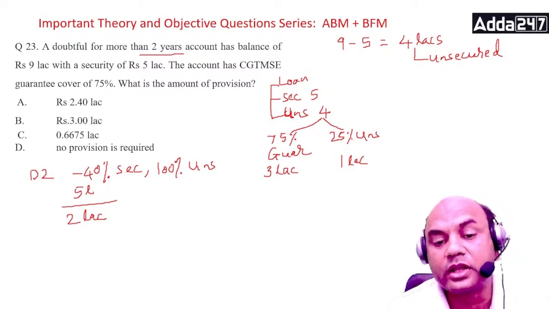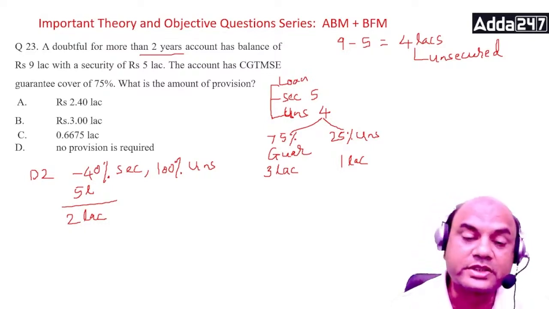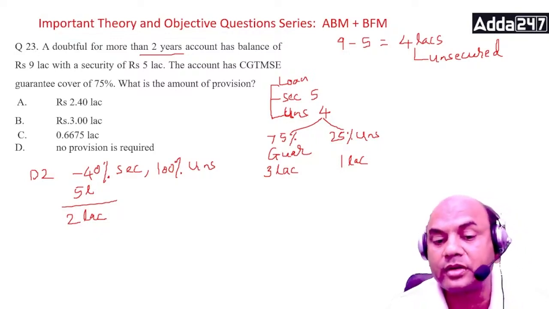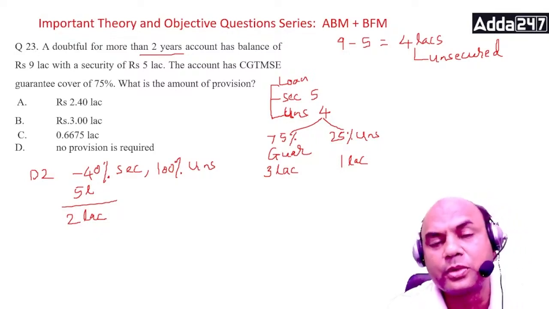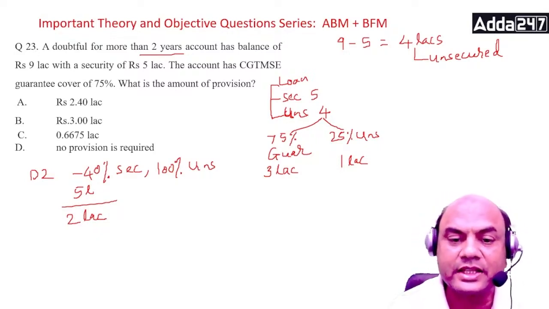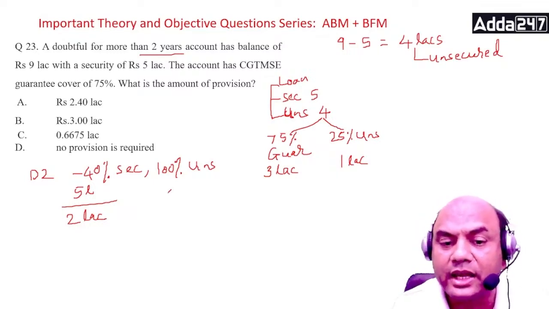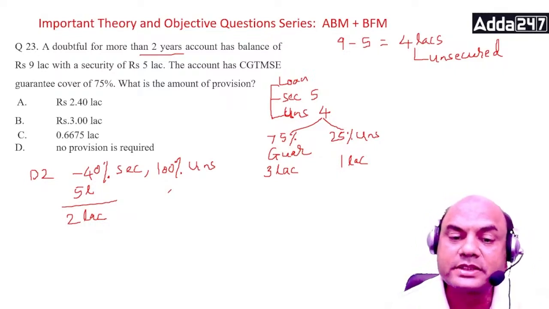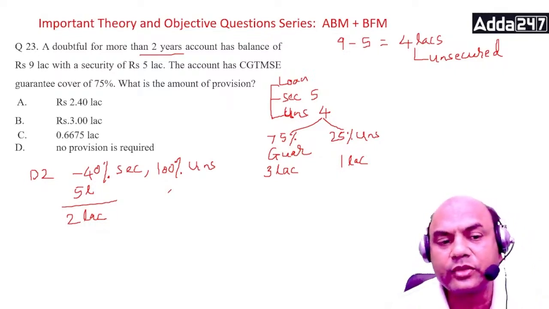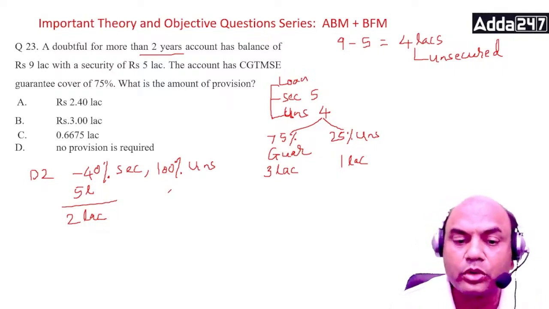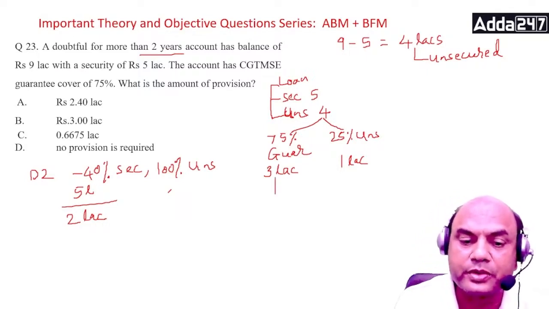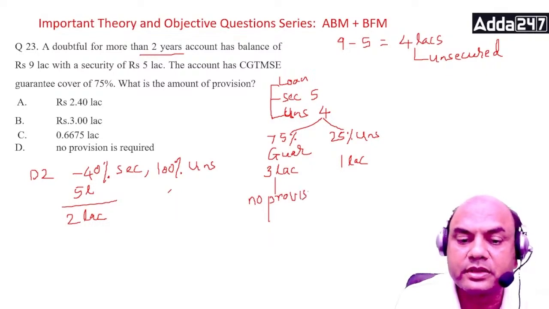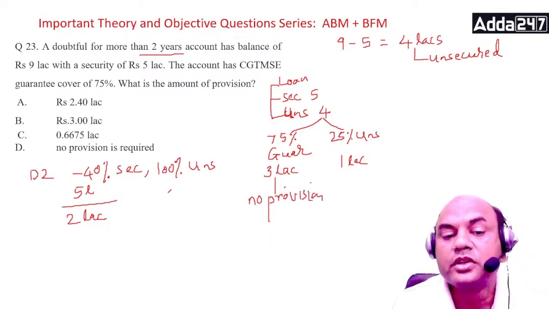Now on the remaining part, the CGTMSE guarantee is there for 3 lakhs, so no provision is required. This is completely guaranteed. If this 3 lakh goes into loss, we'll definitely get the complete 3 lakhs. So no provision is required here.